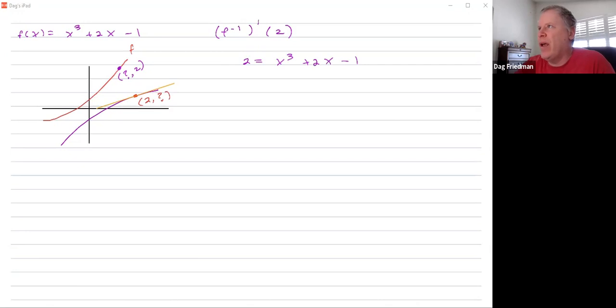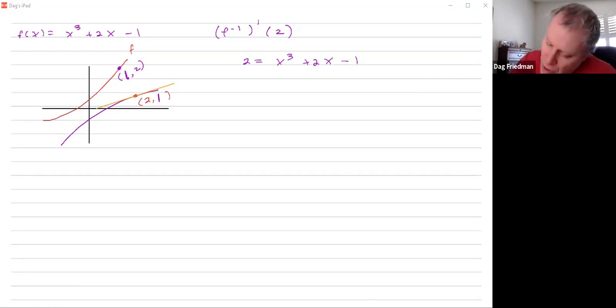Just doing some quick guess and check, I'll probably find it pretty quickly. For example, it looks to me that it's probably 1. Let's check. 1 cubed is 1, plus 2 is 3. 3 minus 1 is 2. It's 1. So in other words, I now know that this question mark right here for both of these is 1. Okay? Why is that important?